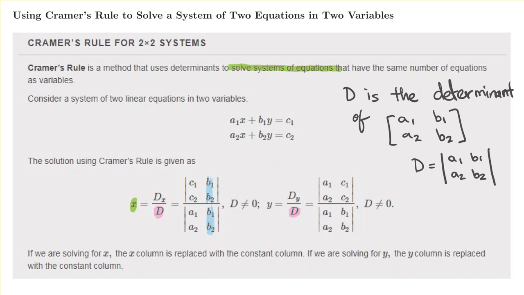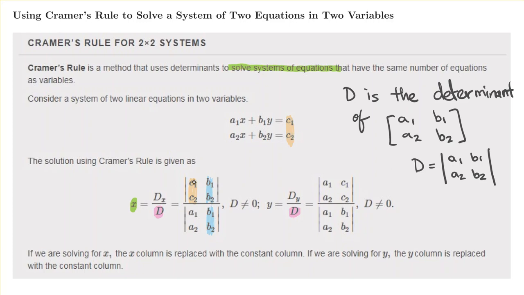And C1 and C2 are actually the coefficients of what the first equation is equal to and what the second equation is equal to. So D subscript x, Dx, you find it by replacing the first column with what the equations are equal to, first equation, second equation.